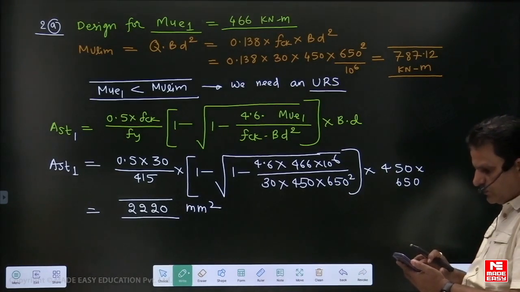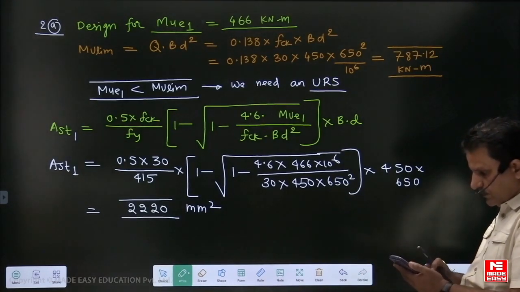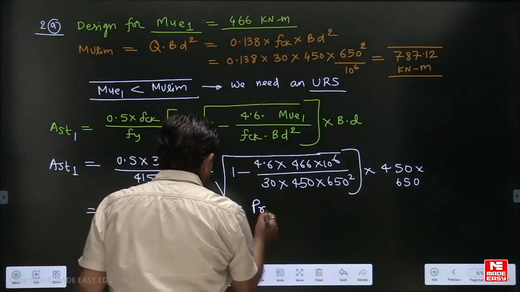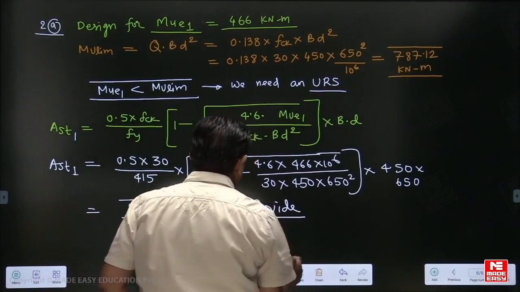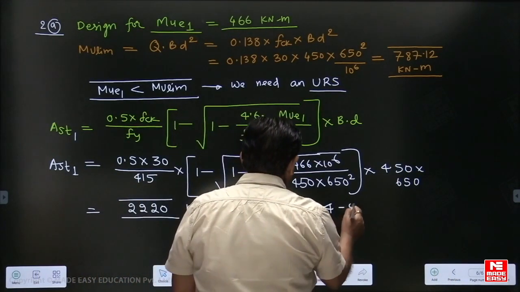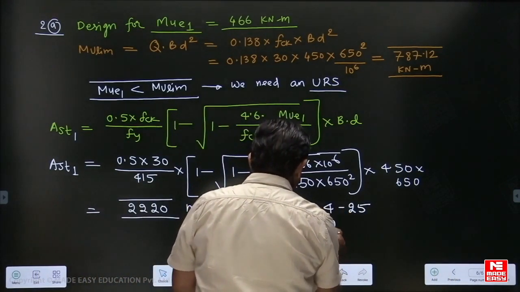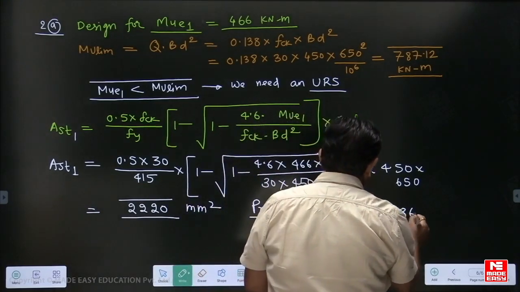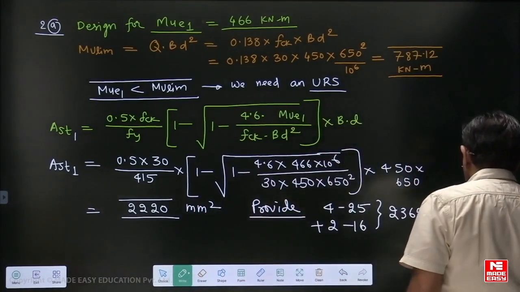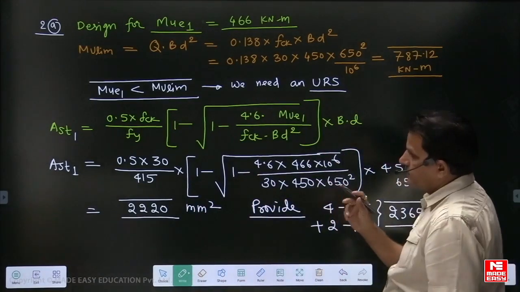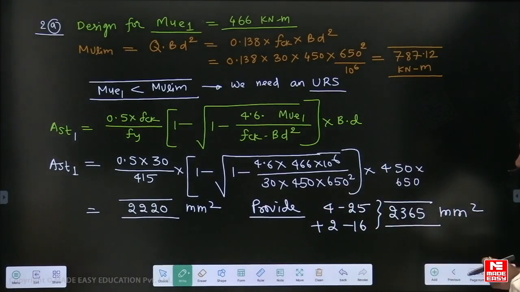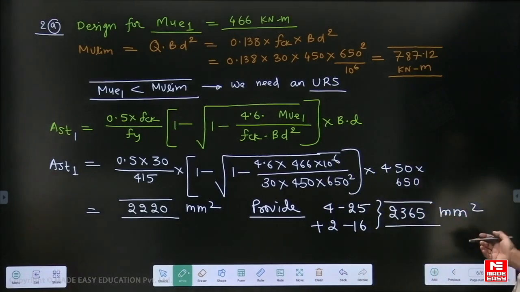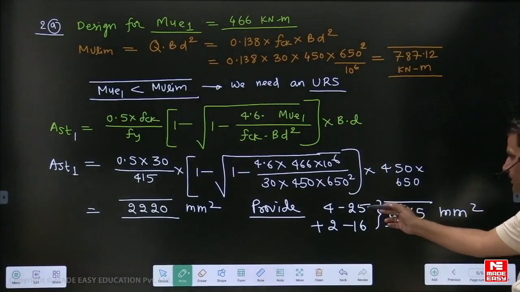It is becoming less, so you make it 2 of 16, no problem. Suppose I provide 4 of 25. Let's provide. It will become a little bit more, no problem. 4 of 25 plus 2 number of 16 mm dia. The total area comes 2365 mm square. It's okay, no problem, because finding the exact combination is somewhat difficult. You can calculate it, but it will take time. So let's provide this 4 of 25 plus 2 of 16.